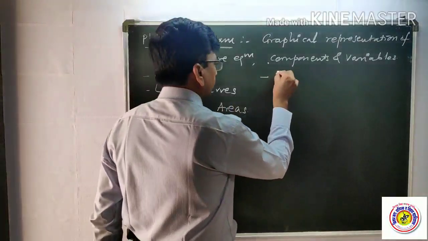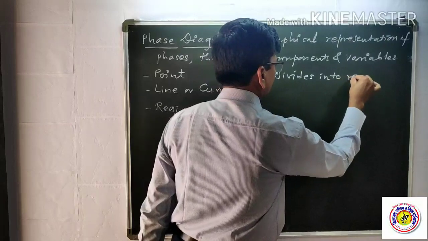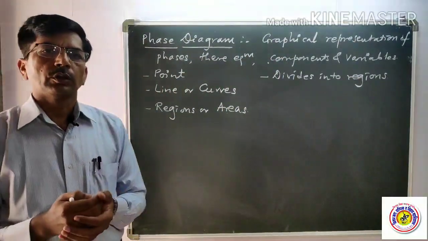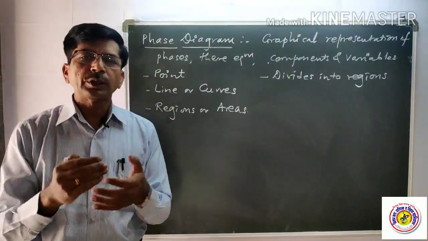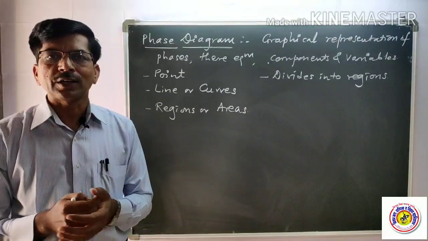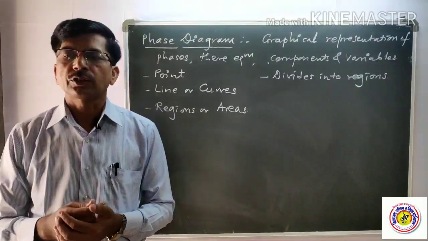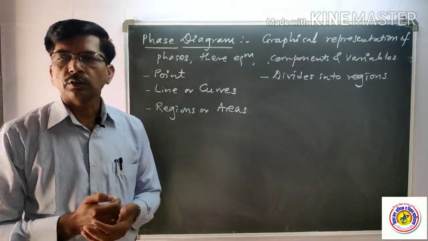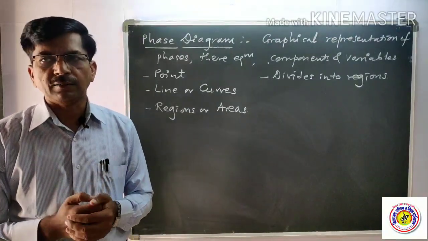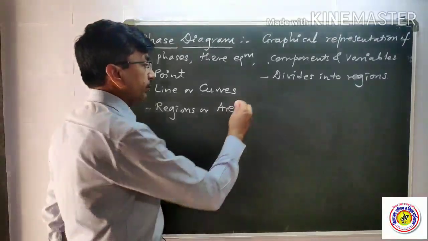When lines or curves combine together at one particular point, at that time all three states coexist with each other, basically solid, liquid and gas. Now second thing, line or curves. If a point falls on the line, then the system exists in two phase equilibrium.